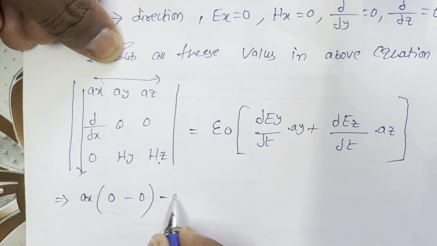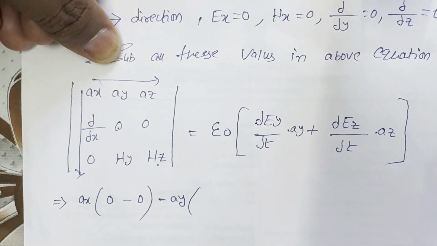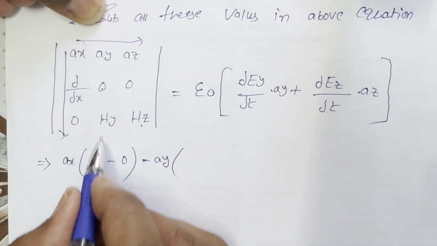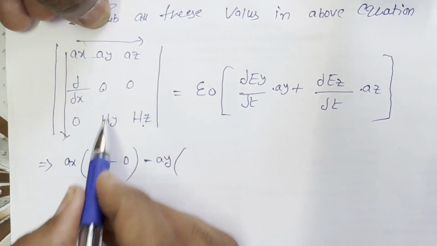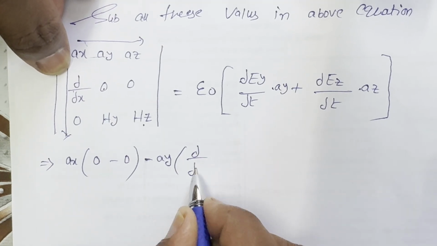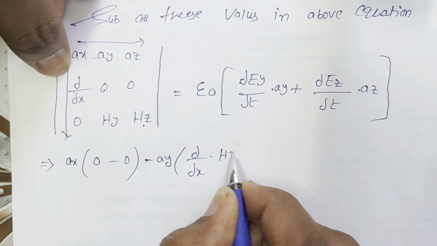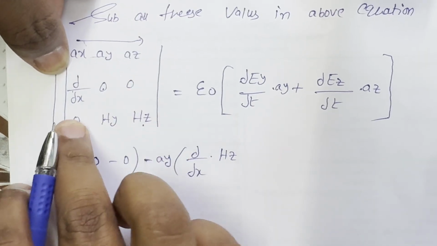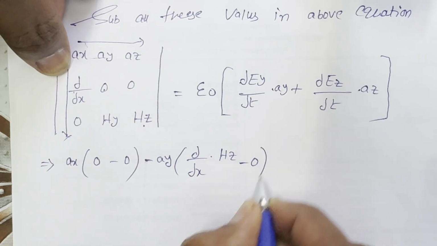Next, minus Ay into dou by dou x into Hz, minus 0 into 0, 0.